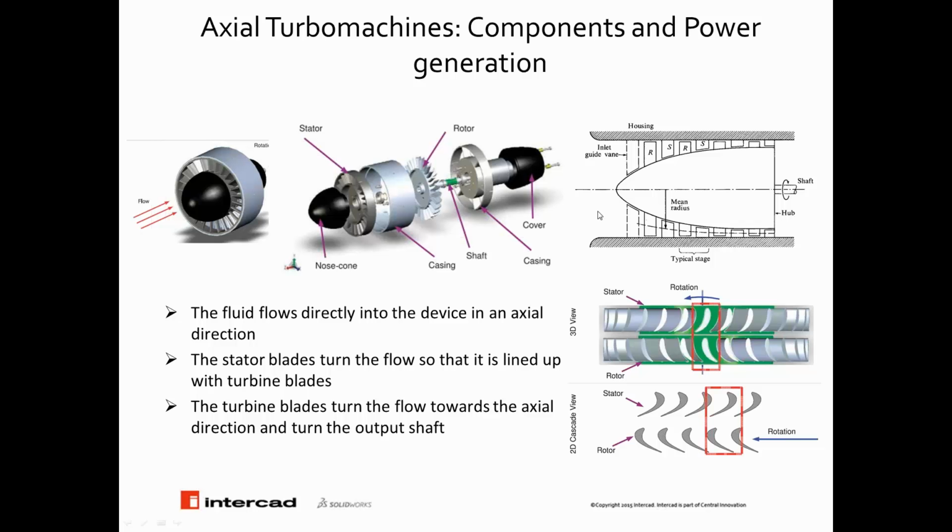What's happening is that fluid flows directly into the device in an axial direction, and then stator blades turn the flow so that it is lined up with the turbine blades. So we are conducting the flow in the correct direction to have the best orientation relative to our rotor. Then, since the flow has energy, it turns the turbine blades, and the power is generated and transmitted through the shaft output.